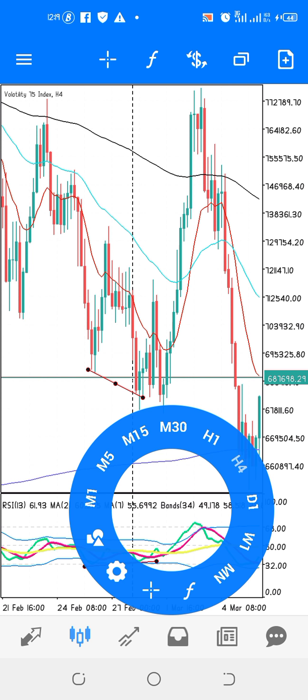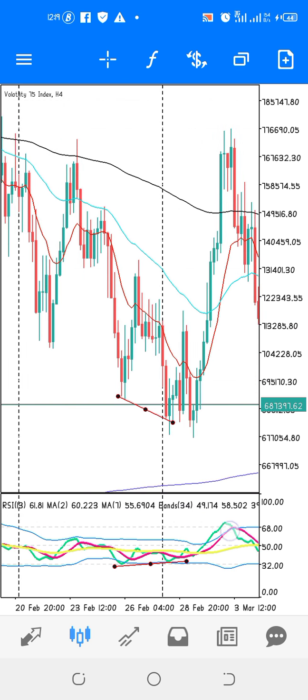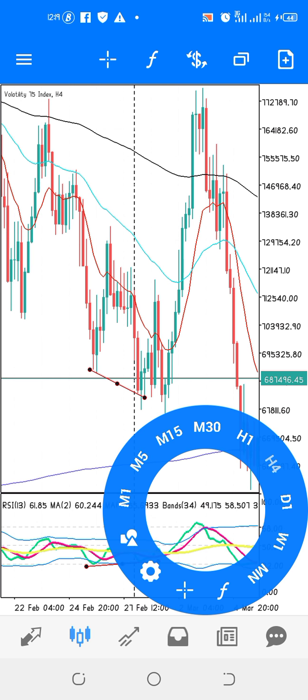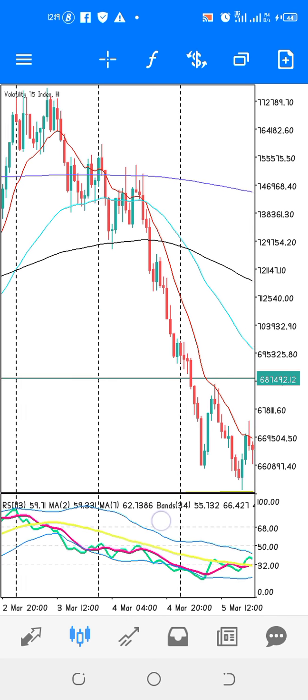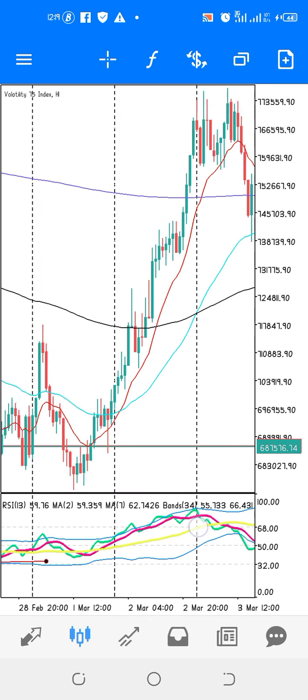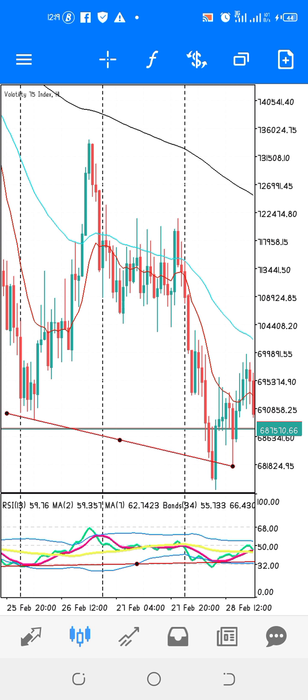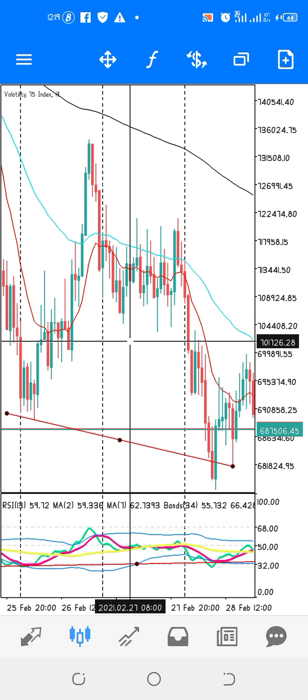So let's go to H1 for entry. Sorry, let me look at the date. Okay, 2nd of March. Yes, it happened last week. I took the trade. Okay, I've seen it now. That first trade that we saw divergence on H4, have you seen it?